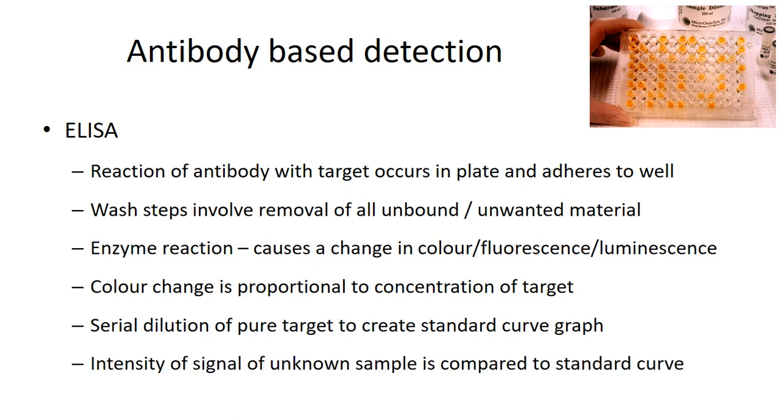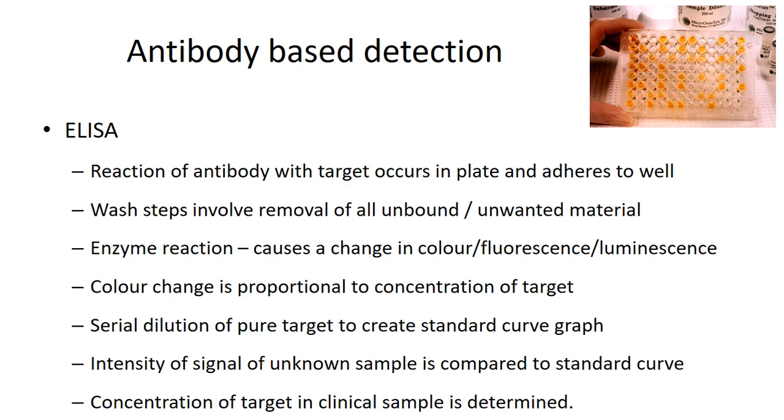The intensity of the signal of the unknown sample is compared to the standard curve to get an actual value. The concentration of the target, in this case in a clinical blood sample, is determined. Once you get the concentration of your target, you then compare it to reference ranges and determine whether it is indicative of disease or of a certain clinical situation.